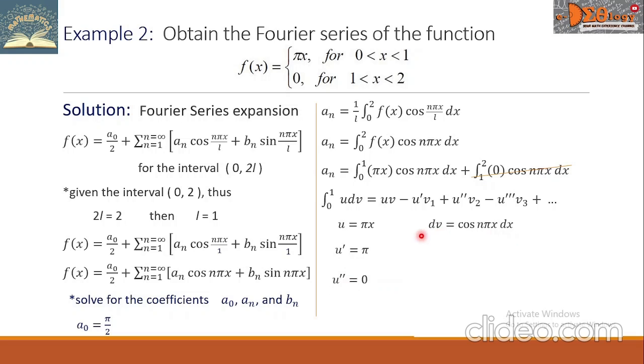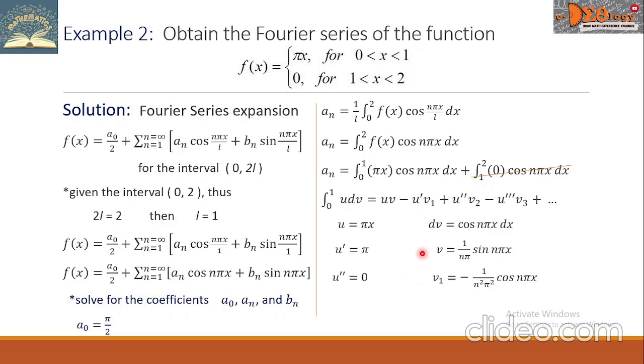For the dv, we will integrate. Integral of dv is now v equals integral of cosine n pi x dx is 1 over n pi times sine n pi x. The integral of v is v sub 1 equals negative 1 over n square pi square cosine of n pi x.